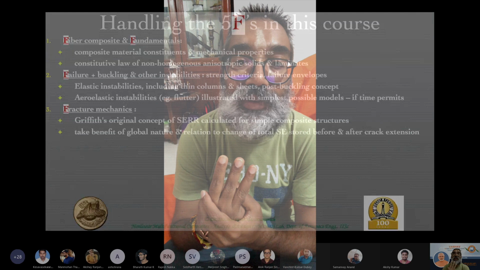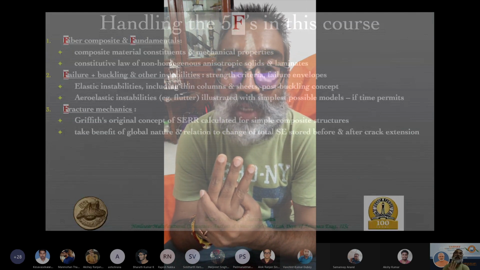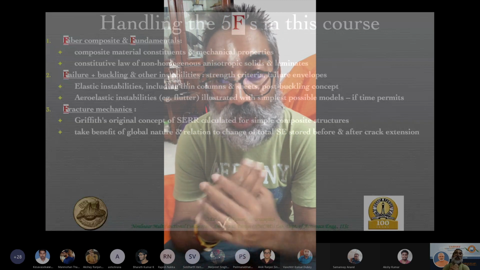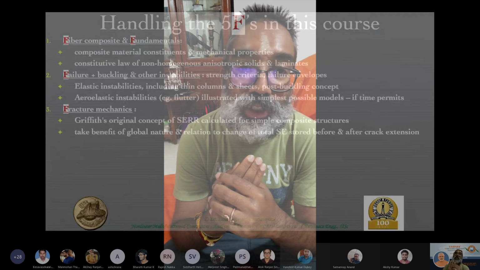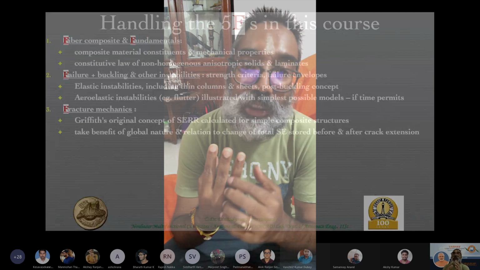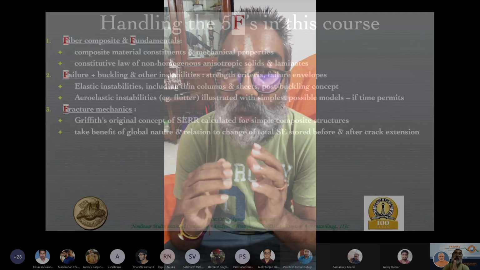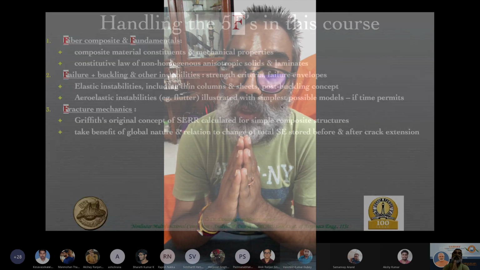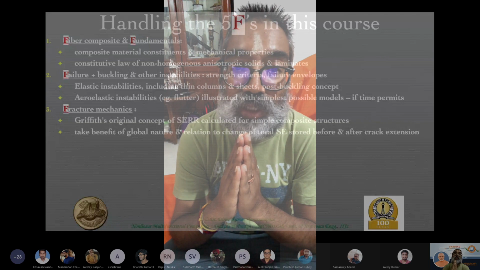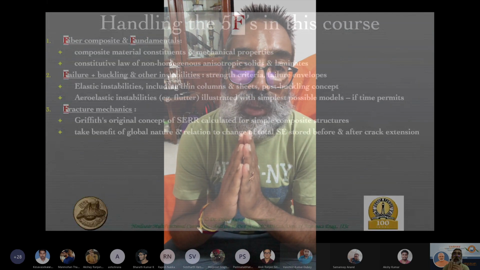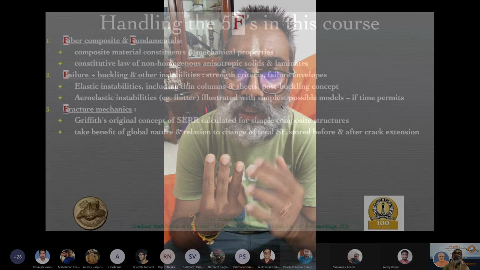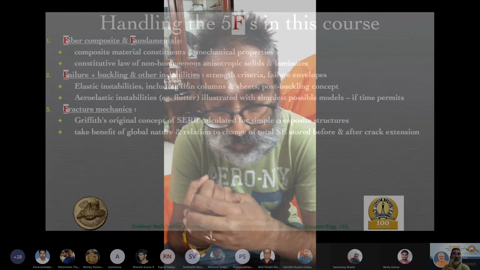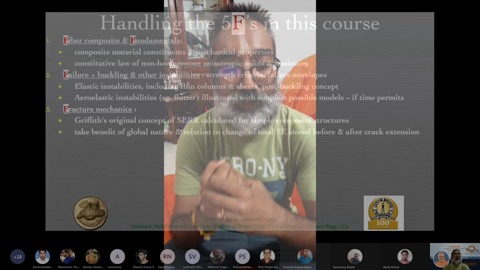For example, if you have the crystalline structure or grain structure, grain boundaries defined in a particular way. For example, we go for what are known as single crystal structures for turbine blades. In such situations, you could have the property along the blade length to be much superior to the transverse direction. So it is possible to have something like that. So these three are just defining the behavior of the material. Did I answer your question? Yes, sir. Yeah, thank you.